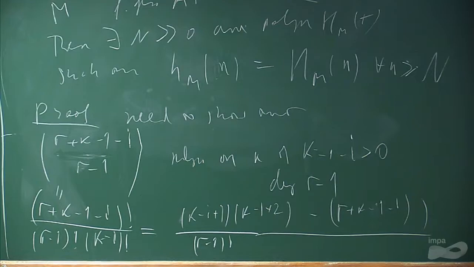So let me give an example. We take M star, A star, again the polynomial ring.